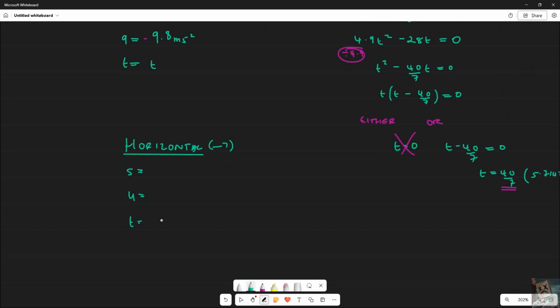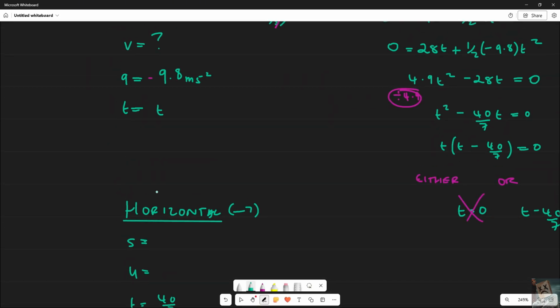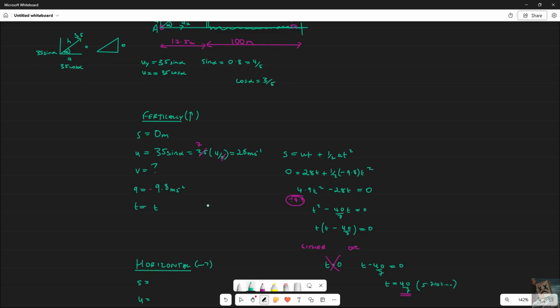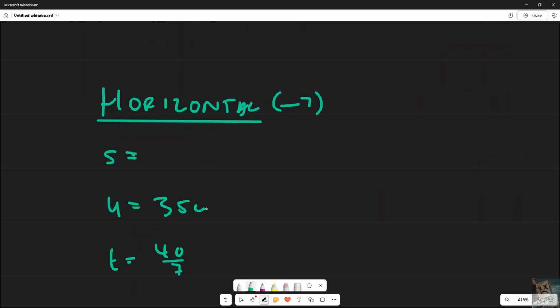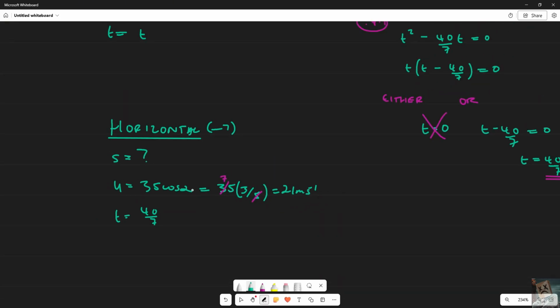So horizontally, t equals 40 over 7. u, so ux we're looking for, ux is 35 cos alpha, and we worked out that cos alpha is 3 over 5. So then s we don't know, so that's what we're going to find.